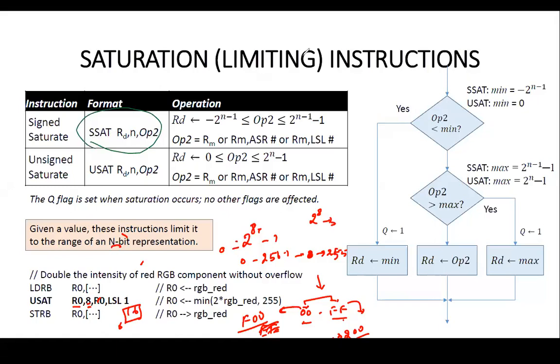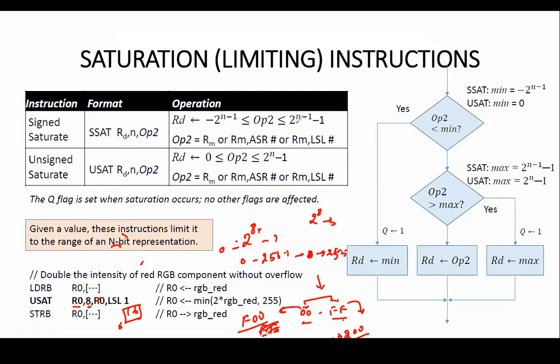What is this going to do? It is going to check the limit: is it between minus 2 raised to n minus 1 to 2 raised to n minus 1 minus 1. S is referring to signed, so this is signed saturation. U is unsigned, S is signed.